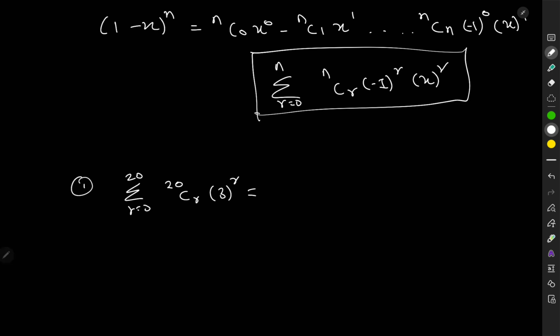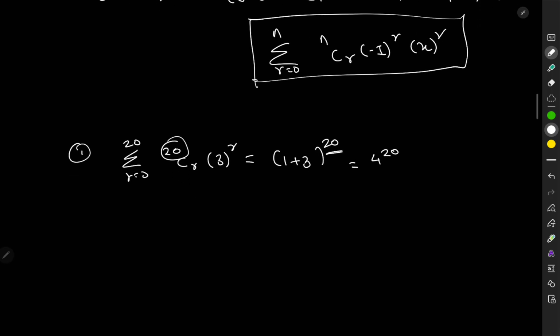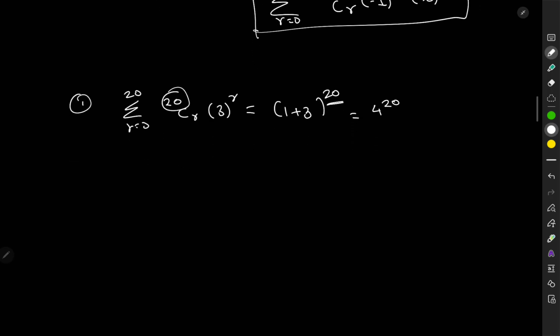So I can see one is 1, okay, 1 plus 3, and I can see n is equal to 20, which will be coming under the whole power. So 4 to the power 20 will be the answer, fine.